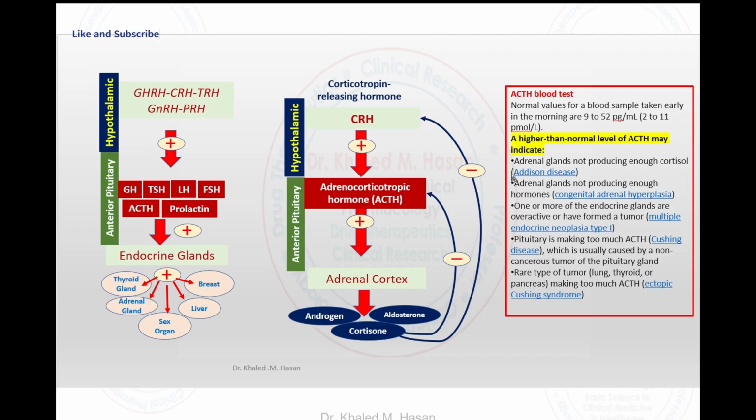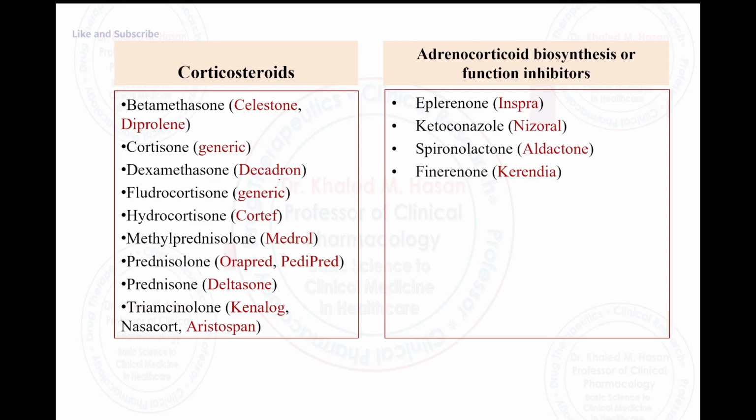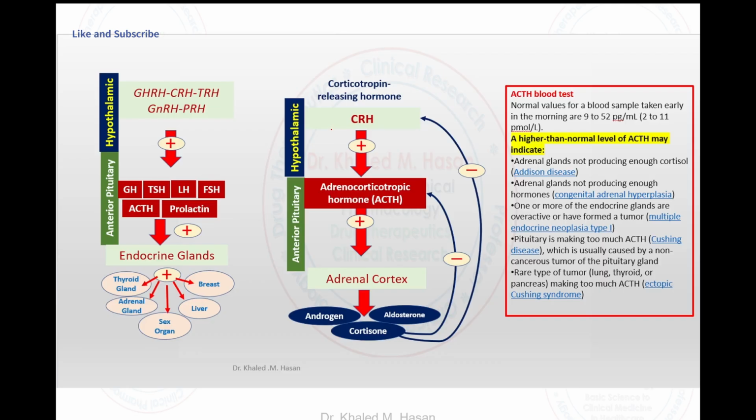This slide is important because it shows the axis, the relationship between the hypothalamus, pituitary, and adrenal cortex. We have the hypothalamus here, then the anterior pituitary, then the adrenal cortex.